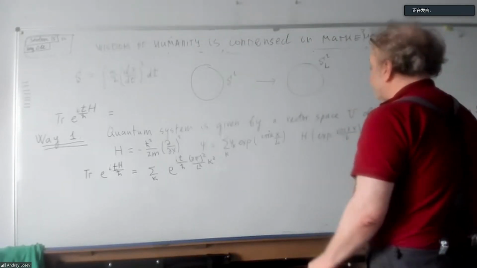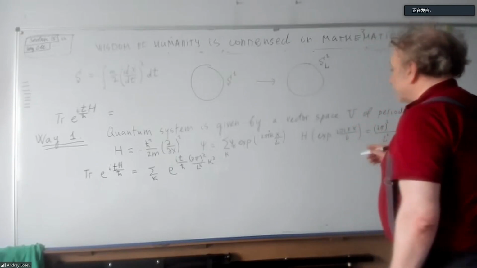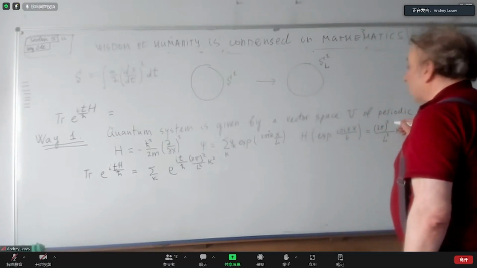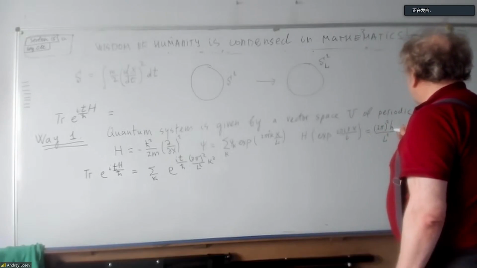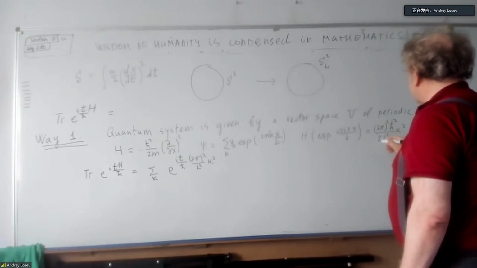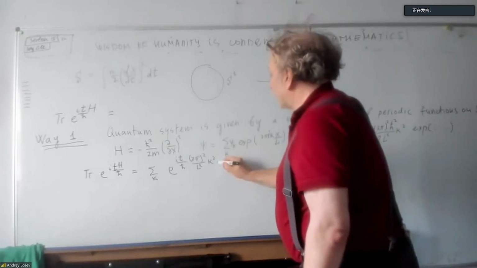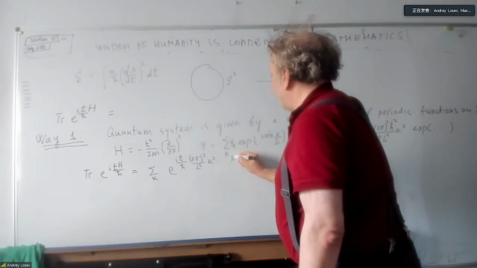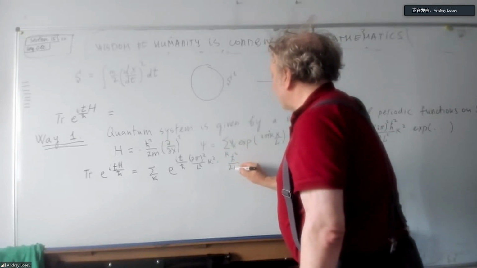I forgot something. Of course I forgot: h squared and 2 here, and times h squared over 2m.